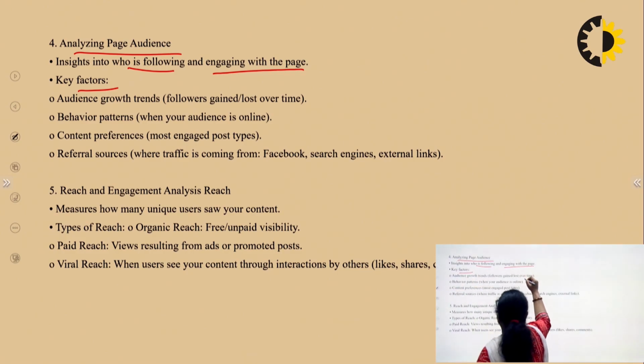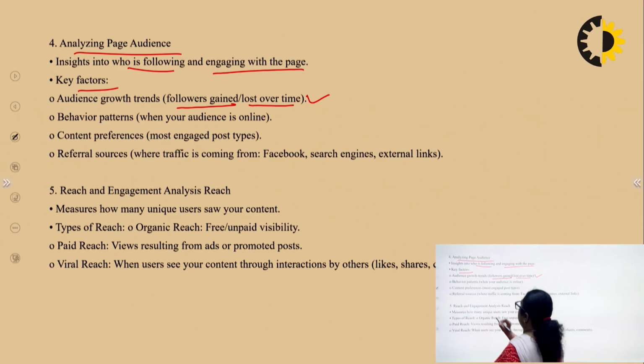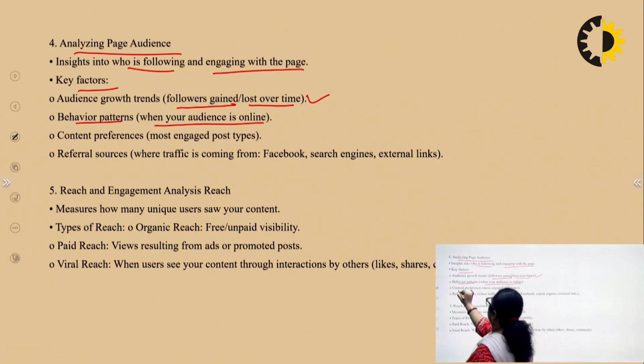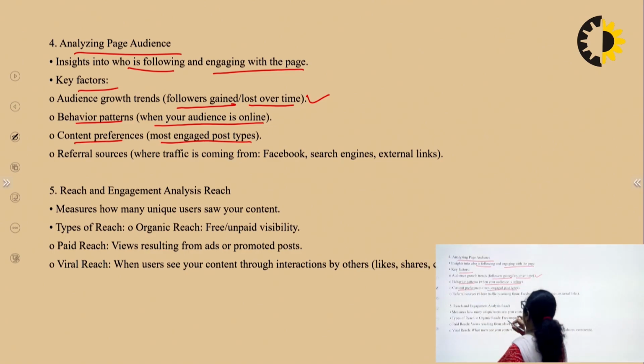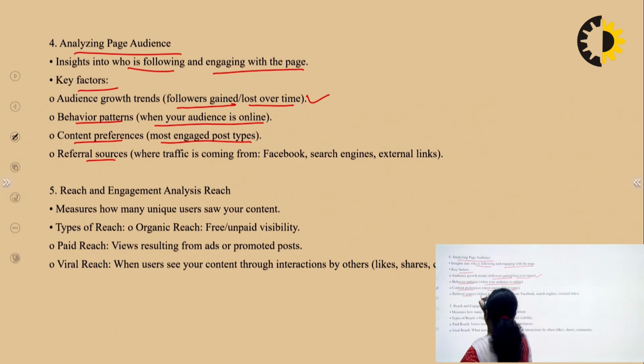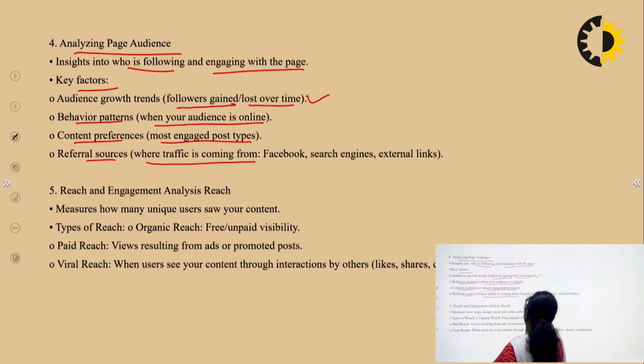We have audience growth trends, that means followers gained or lost over time. Behavior patterns, when your audience is online. Content preferences, the most engaged post types. And referral sources, where traffic is coming from, like Facebook, search engines, external links, and Instagram.